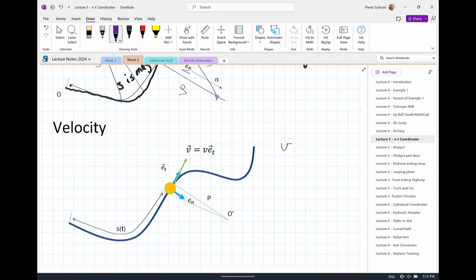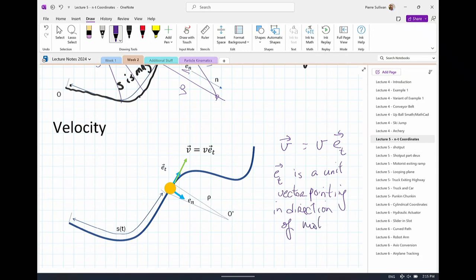So v is equal to v E sub t, and E sub t is a vector, a unit vector pointing in the direction of motion.